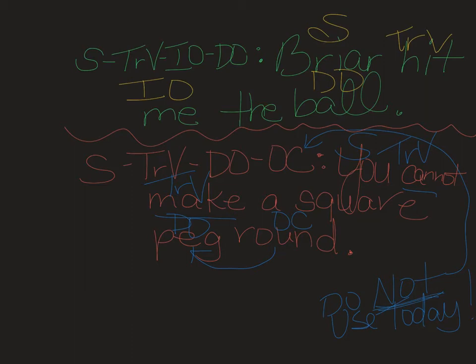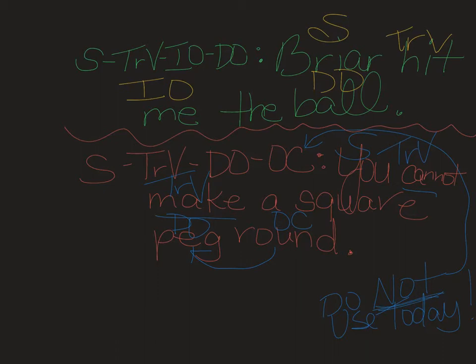STRVIODO. Okay, this is the last one of the 3 original action verb sentence patterns. Briar is your subject. Briar did what? Hit. Hit is an action verb. So let's ask ourselves our whom or what questions to see if we have a direct object. And we, in fact, do. Briar hit ball. Hit what?